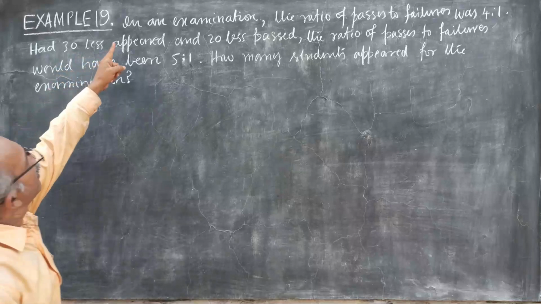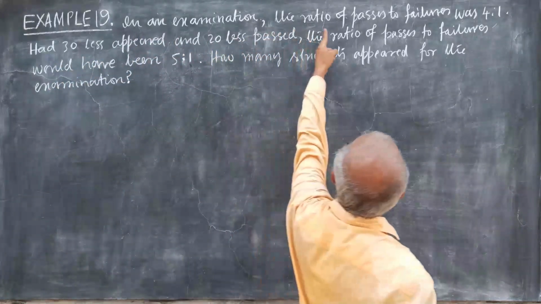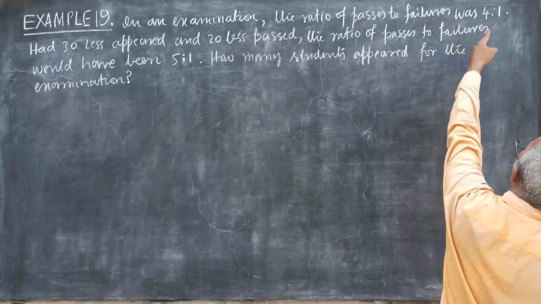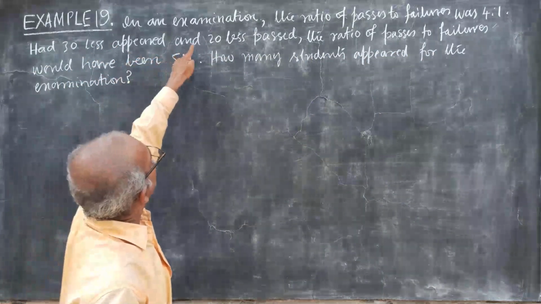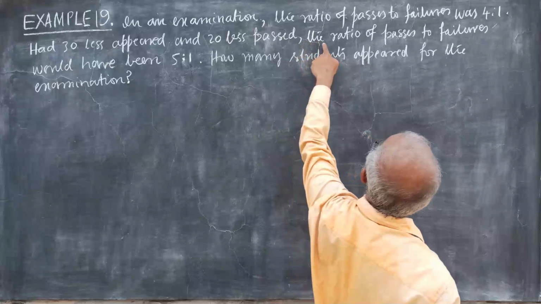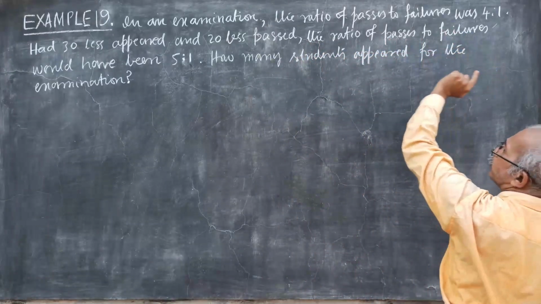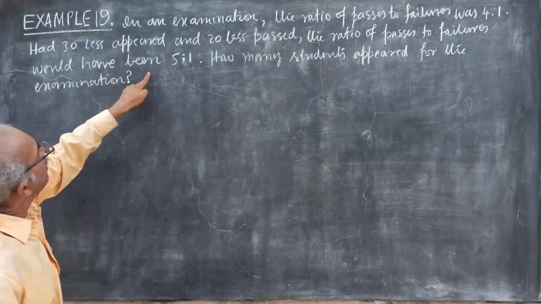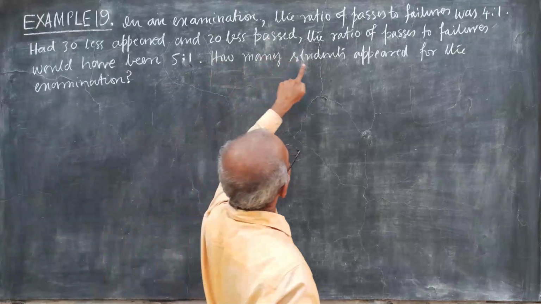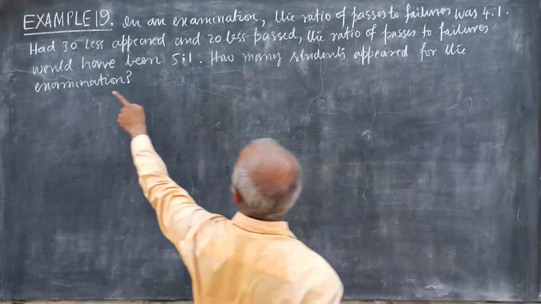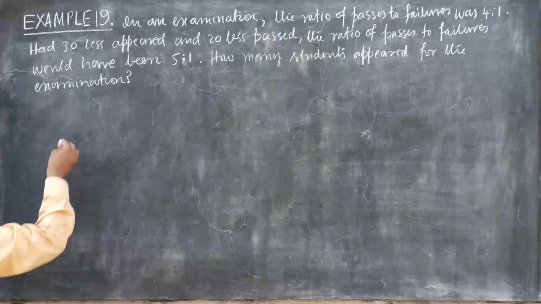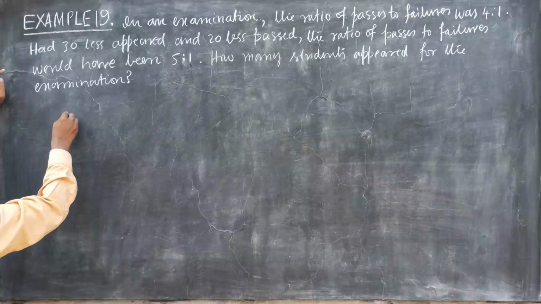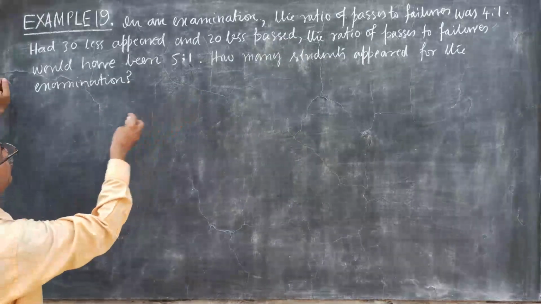Example 19. In an examination, the ratio of passes to failures was 4:1. Had 30 less appeared and 20 less passed, the ratio of passes to failures would have been 5:1. How many students appeared for the examination? This is our problem. Now, we shall solve the problem. Ratio of passes to failures is given.